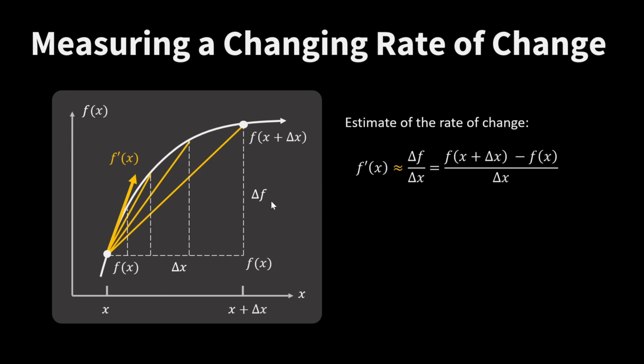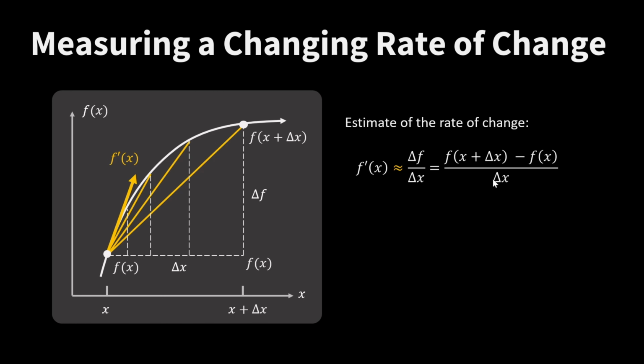An estimate of the rate of change is then delta f divided by delta x. Now how can we compute delta f? For this we evaluate f at position x and at position x plus delta x. Delta f is then simply f at position x plus delta x minus f at position x. So as an estimate for the rate of change we can use f at x plus delta x minus f of x divided by delta x.